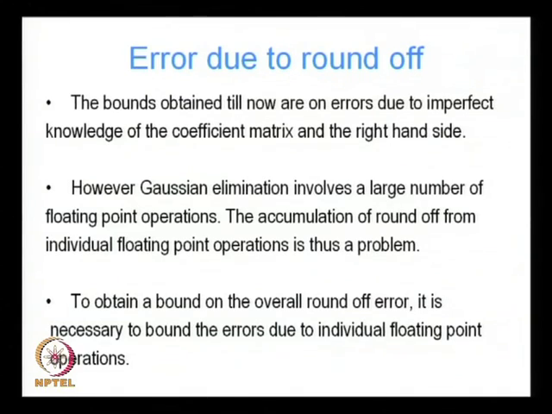The accumulation of round off from these individual floating point operations is also going to lead to more errors. Therefore, it is necessary to obtain a bound on the overall round off error due to Gaussian elimination, but in order to do that we have to bound the errors due to the individual floating point operations, and we are going to talk about this in the next lecture in this series.